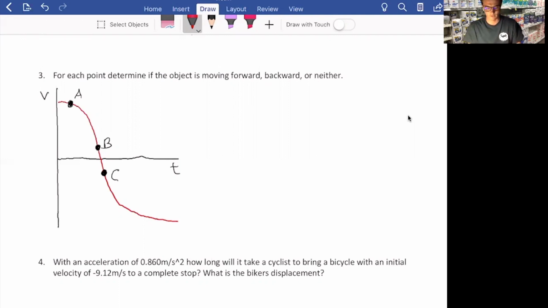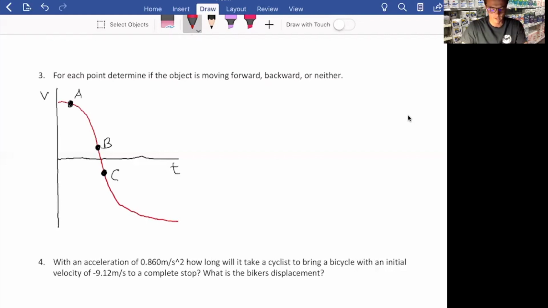So let's look at point A. Is it moving forward, backward, or neither? If we indicate the positive direction as going forward and a negative sign as going backwards, then this is pretty simple. A is above the x-axis, and pretty much anything above the x-axis is positive.